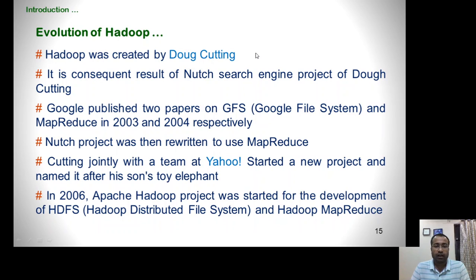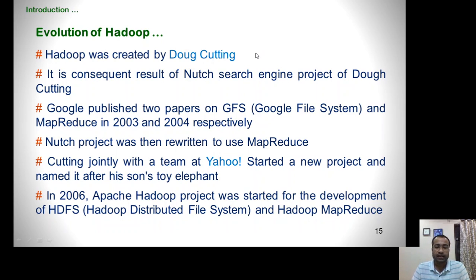So when Doug Cutting was working on the Nutch search engine, at the same time, Google published two papers on Google File System and MapReduce in 2003 and 2004 respectively, and that inspired Doug Cutting so much that he rewrote the Nutch project using Google File System and MapReduce.